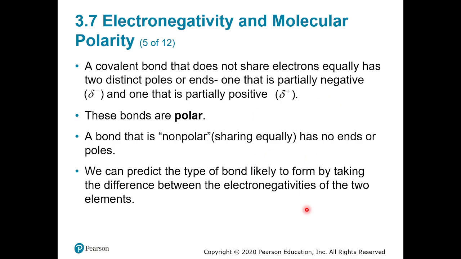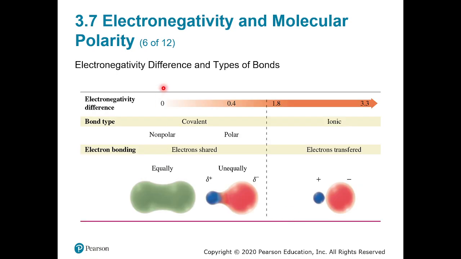All right. We can predict these using the electronegativities. It's the difference in electronegativities that causes these things. So if we have zero electronegativity difference between the two atoms, it's completely nonpolar. There's no end that's positive or negative. Okay? Typically we call these nonpolar up until there's a difference of 0.4 between them.